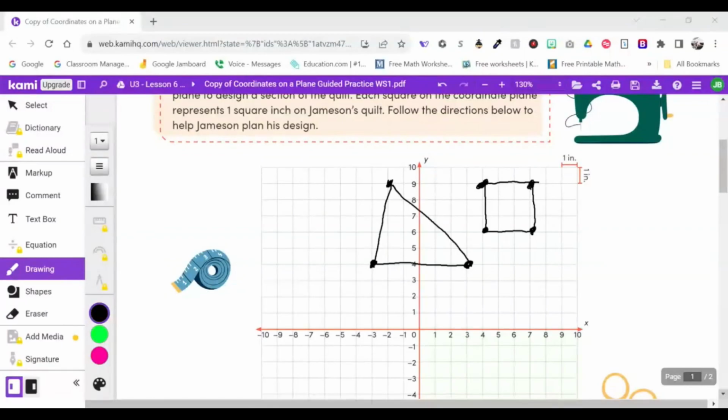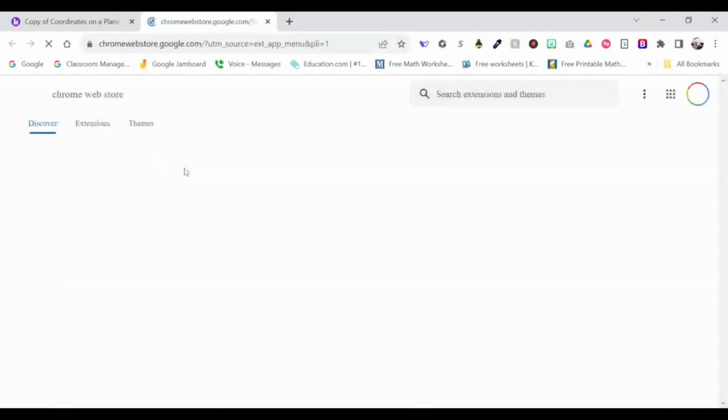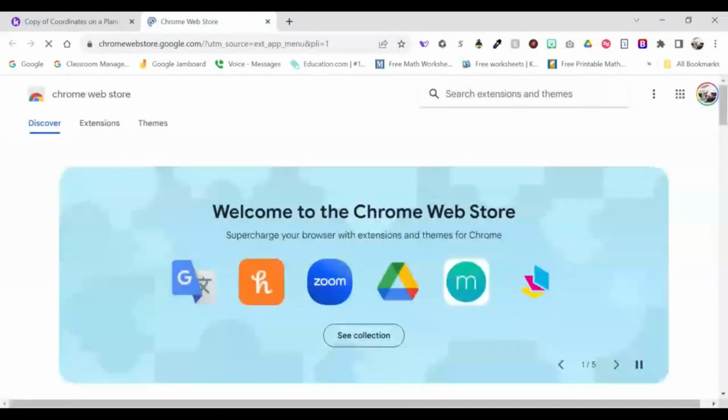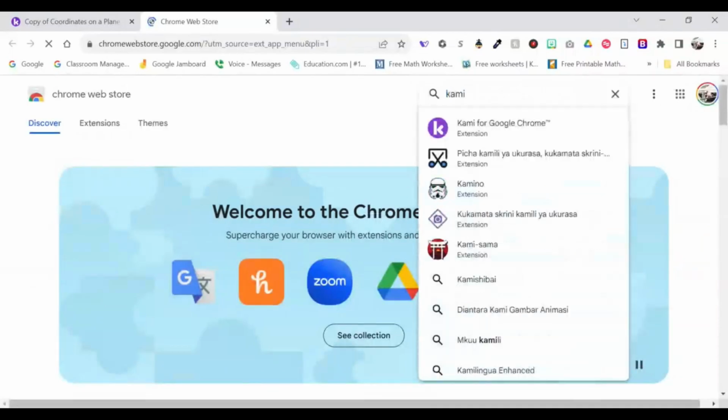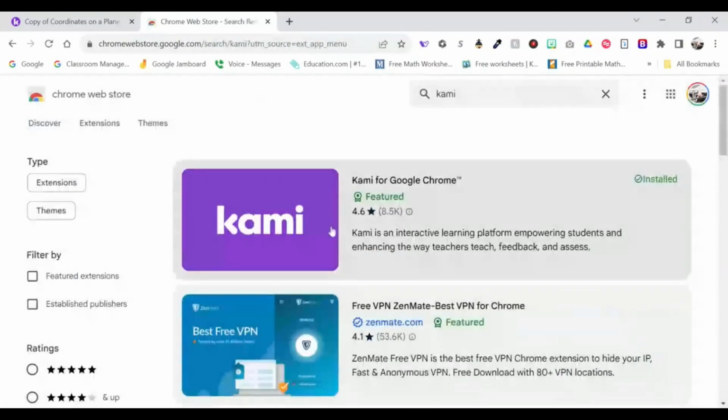So if you go to the Chrome Web Store, again, over here, the 3 dots in Chrome, and go to extensions and go to Chrome Web Store, you would then search for, right up here where it says search, Kami, K-A-M-I, and it'll pop up.